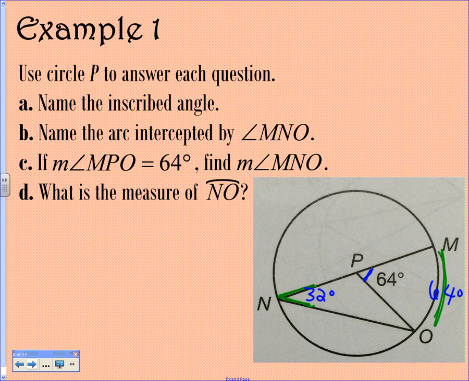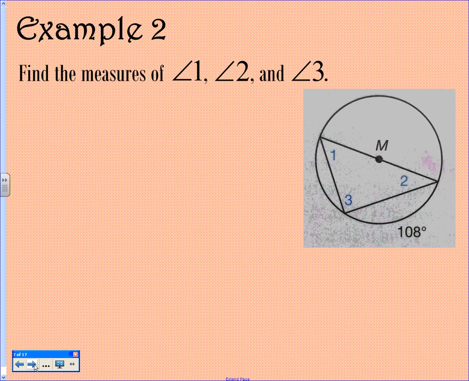Okay, what is the measure of angle NOM? Not the arc, that angle. Why? It's on a diameter, right? Okay. Yeah. Okay, so find the measures of angle 1, 2, and 3. Don't say it out loud.